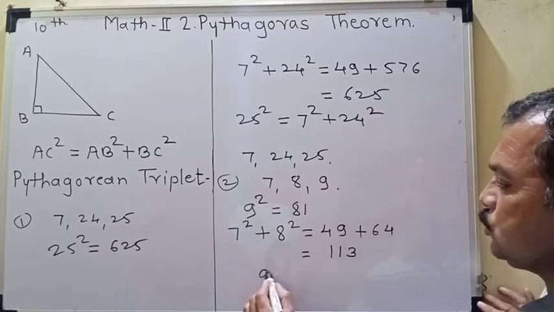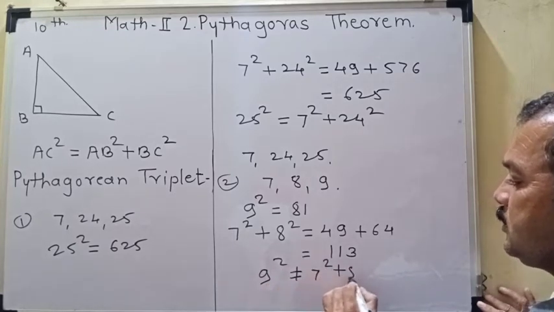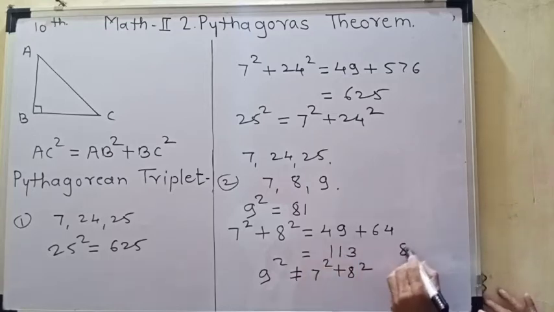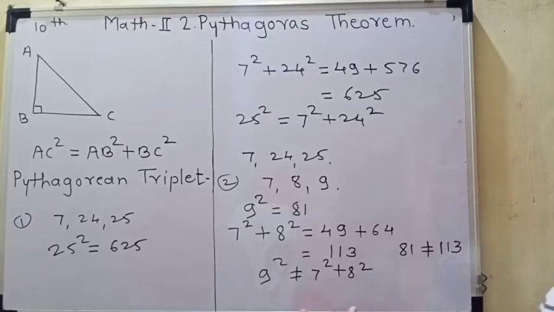Now these two are not the same. 81 is not equal to 7 square plus 8 square, and therefore 7, 8, 9 is not a Pythagorean triplet.